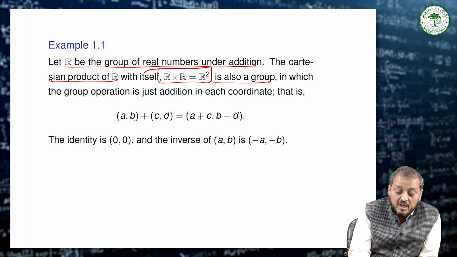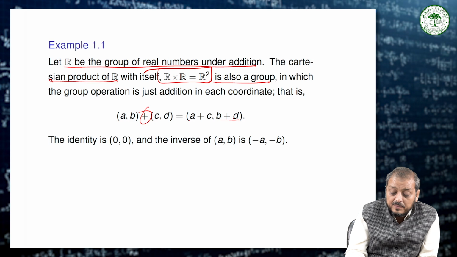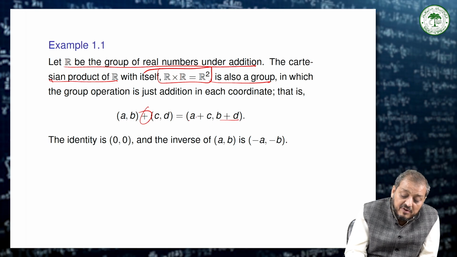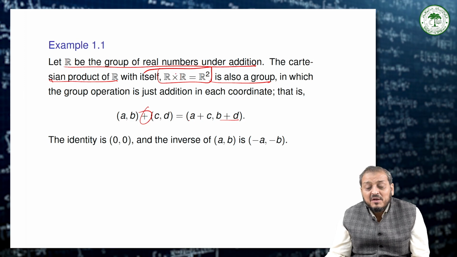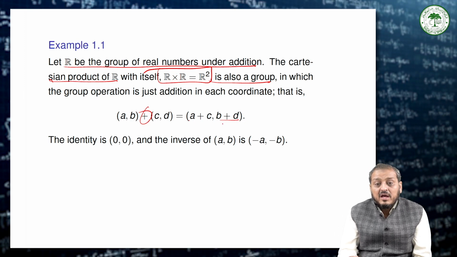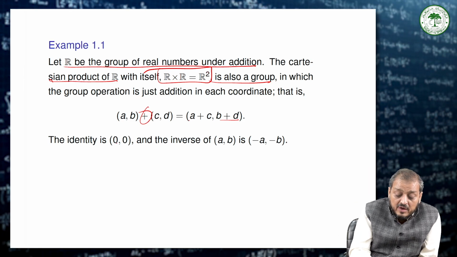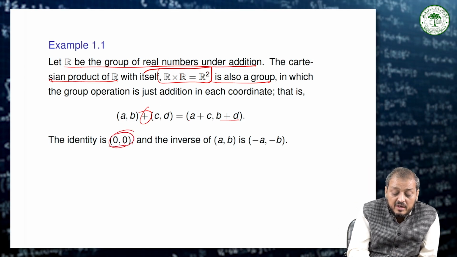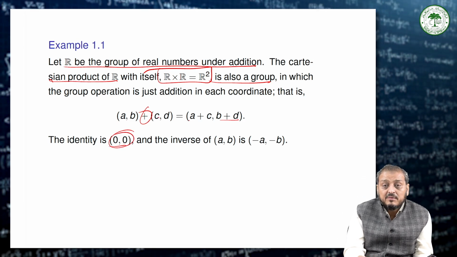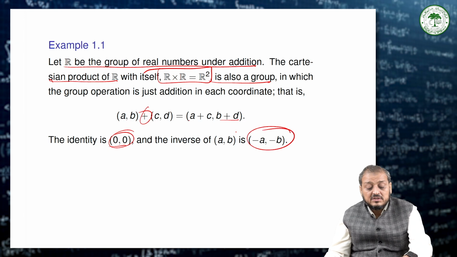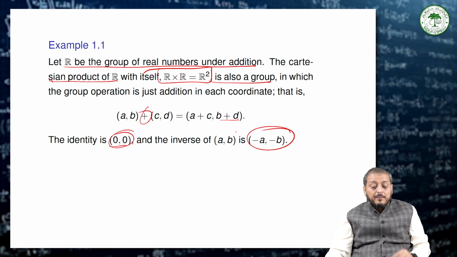So we take the binary operation (a, b) plus (c, d) equals (a plus c, b plus d), and you can verify this, where a, b, c, d are real numbers. This satisfies all the group properties, and in this group (0, 0) is the identity, and the inverse of (a, b) is (minus a, minus b).